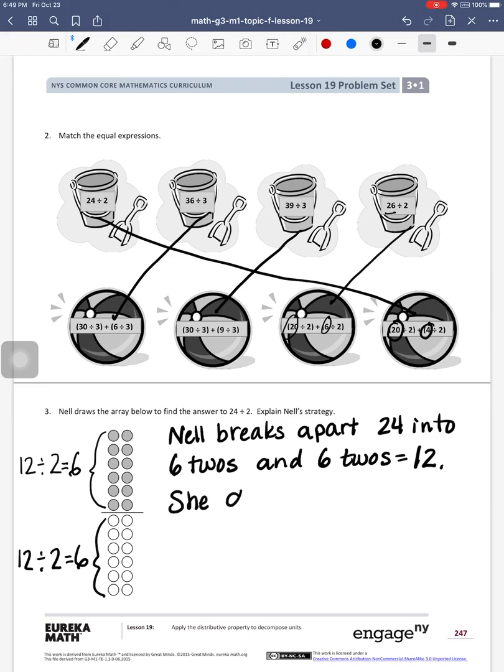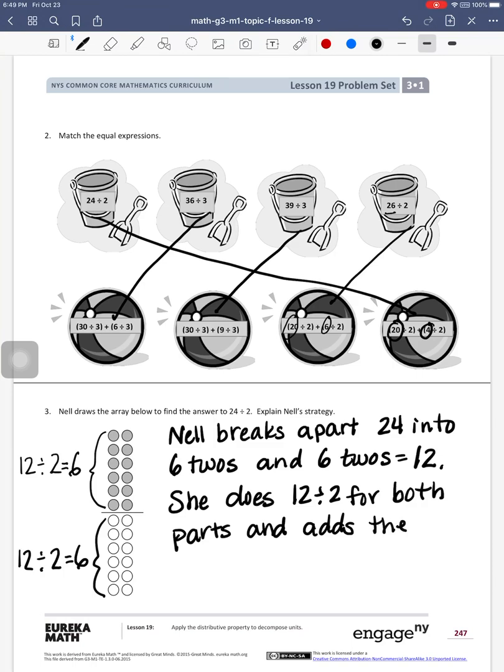She does 12 divided by 2 for both parts and adds the answer to get 24 divided by 2.